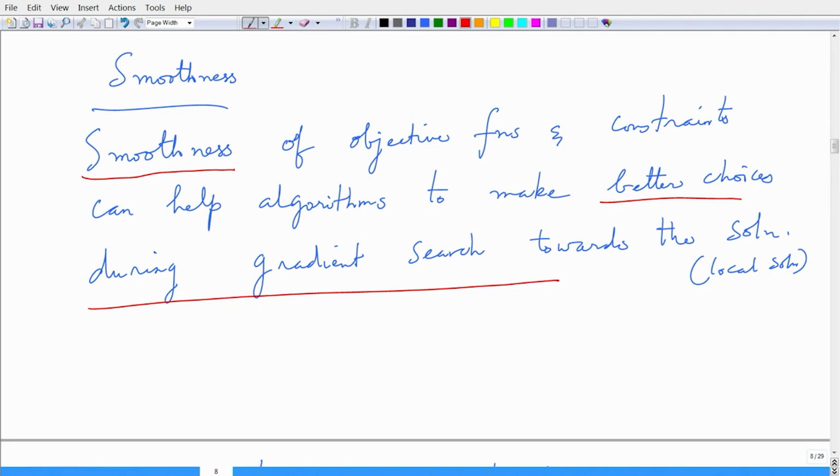Then my search directions can be difficult, and therefore to make proper choices it is better to have constraints that are smooth, but in practice we may not be able to guarantee such a smooth constraint, in which case we will have to deal with these problems appropriately by defining the derivatives carefully over regions of interest for us where we can take derivatives of the constraints.